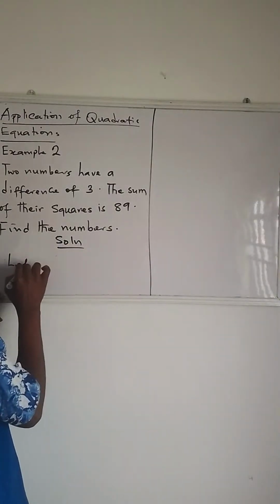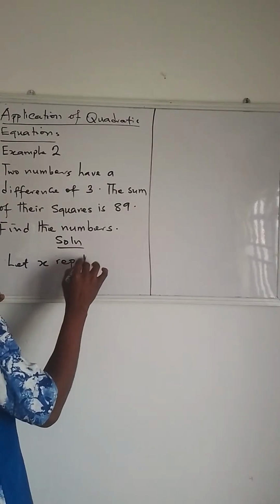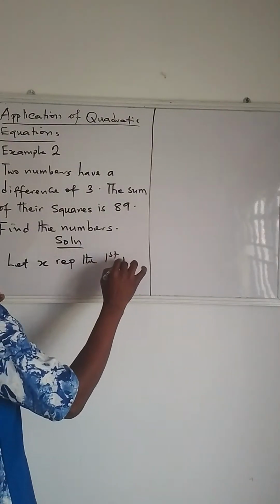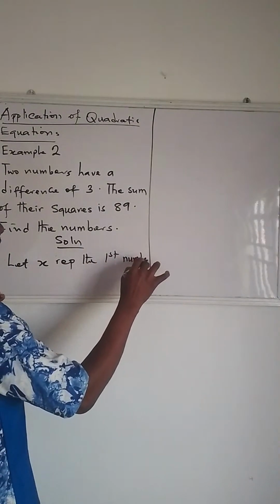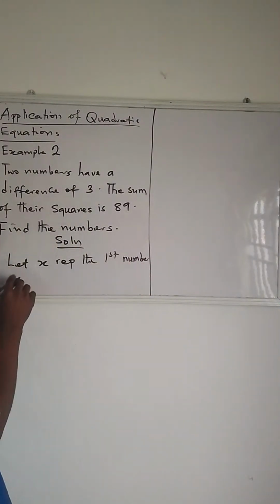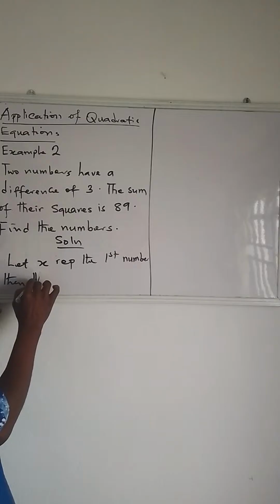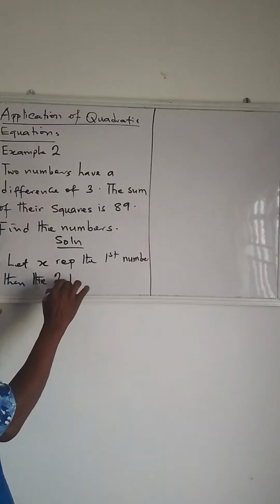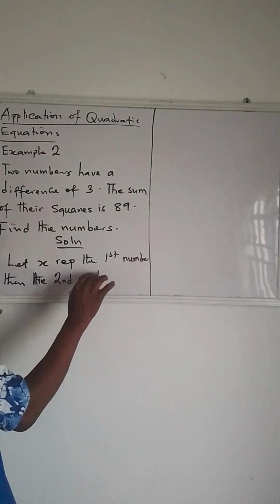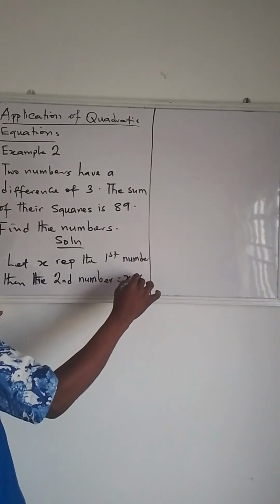Okay, so now let us start with the solution. You say let x represent the first number. If x is the first number, then the second number will be equal to x plus 3.